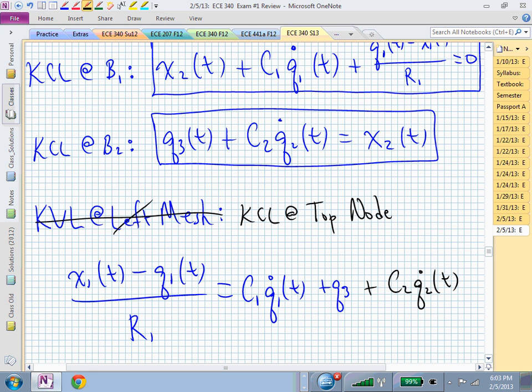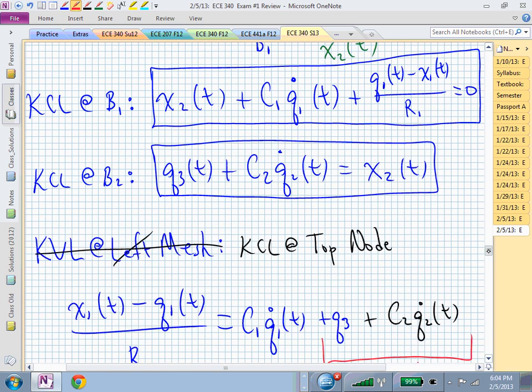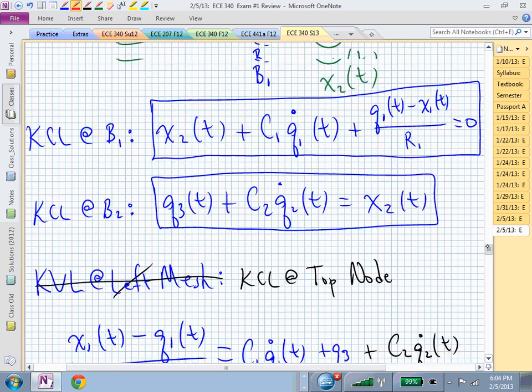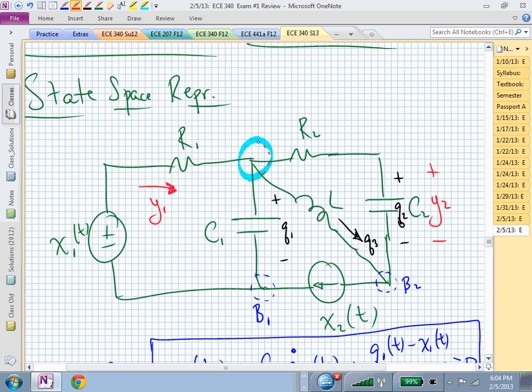So I didn't get anything new out of this. I don't know if you see that or not, but if you look at this, this is x sub 2. And if you look at the very first equation that we wrote, essentially that's what we have here now in terms of x sub 2. So we haven't bought ourselves a new equation. This is not independent of b1 and b sub 2.